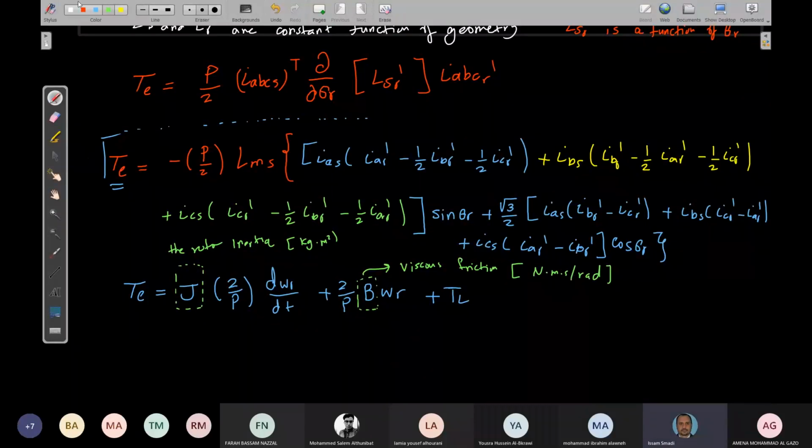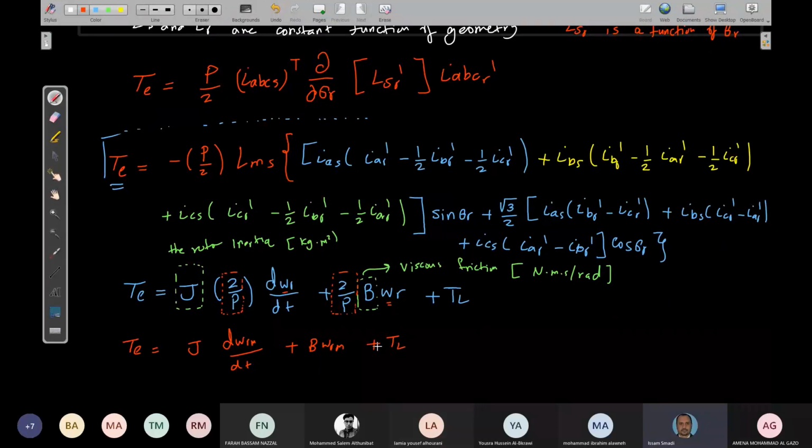If you notice here, I'm using omega r, not omega rm, because I'm using the factor 2 over p. If I need to write it in terms of the mechanical speed, it will be TE equals J d omega rm by dt plus B omega rm plus TL.